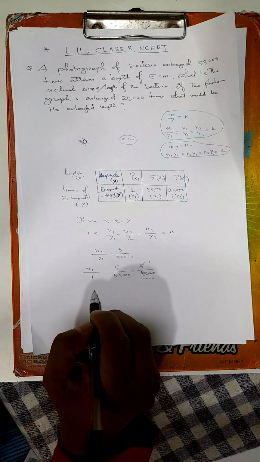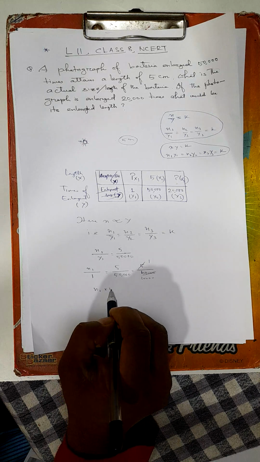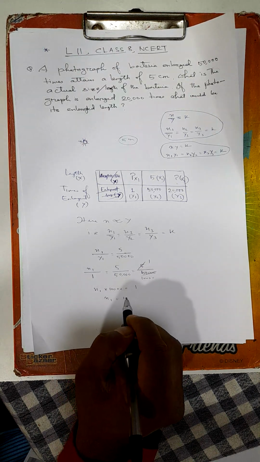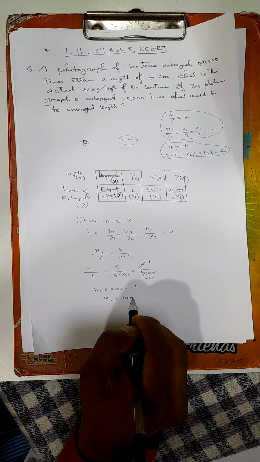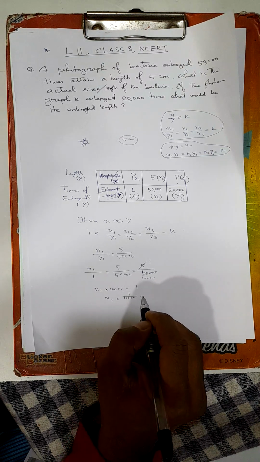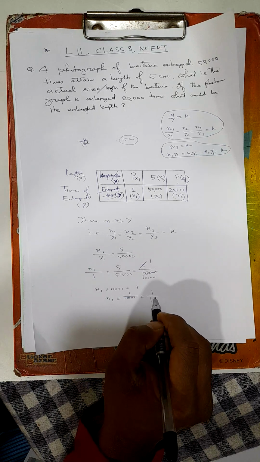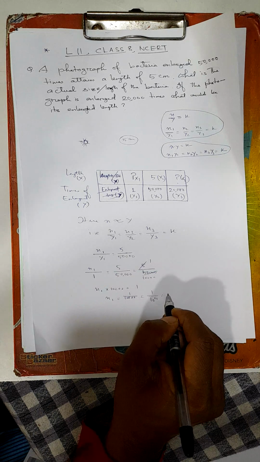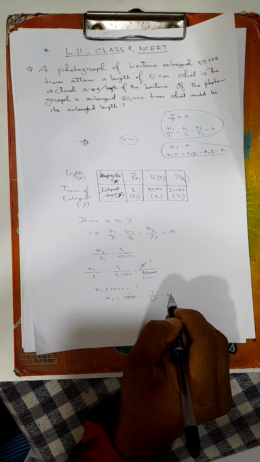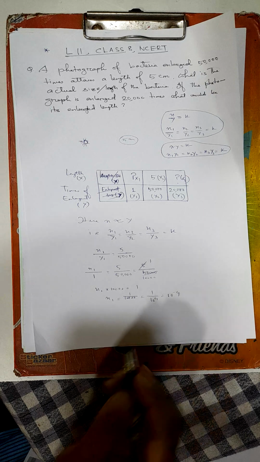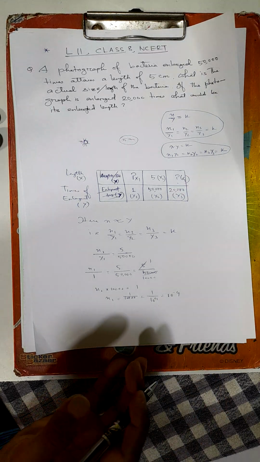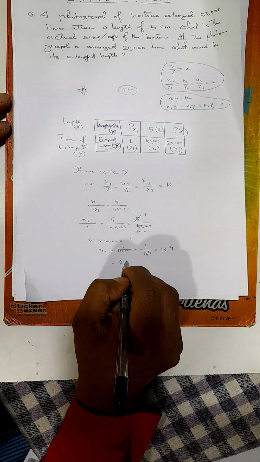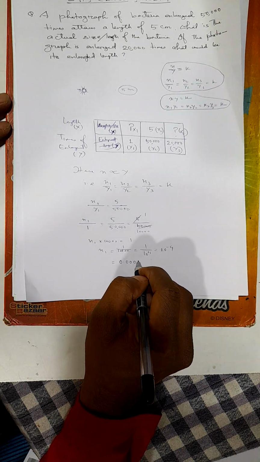So x1 multiplied by 10,000 equals 1, and x1 equals 1 divided by 10,000, or 1 by 10 to the power 4, that means 10 to the power minus 4. What is 1 by 10 to the power 4? You can write it as 0.0001.